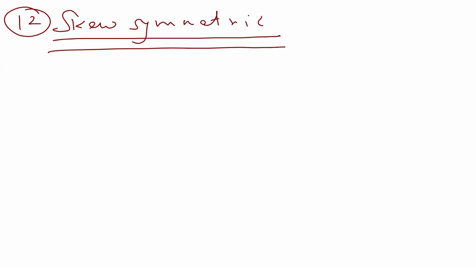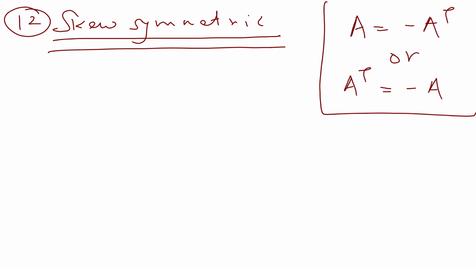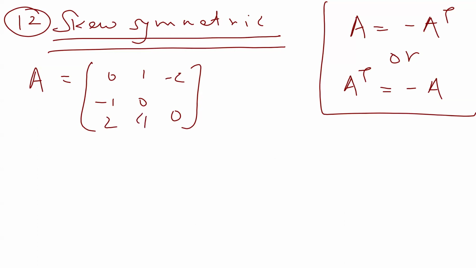Skew symmetric matrix. If A transpose is equal to negative A, then A is skew symmetric. Example. So this is A. We'll find out A transpose.